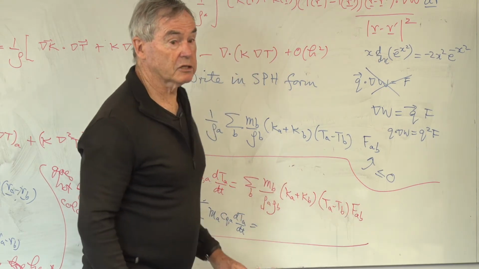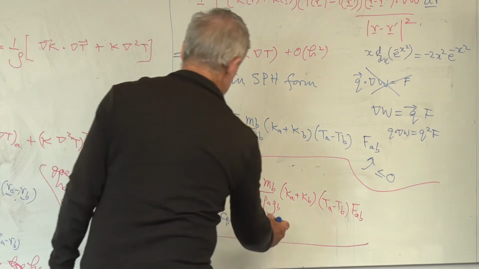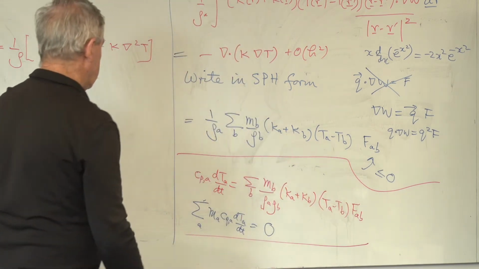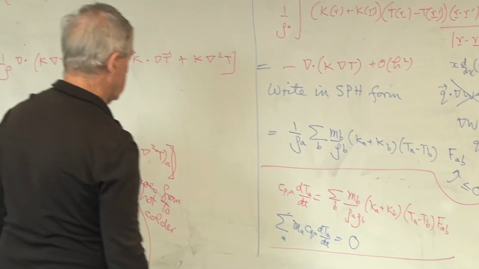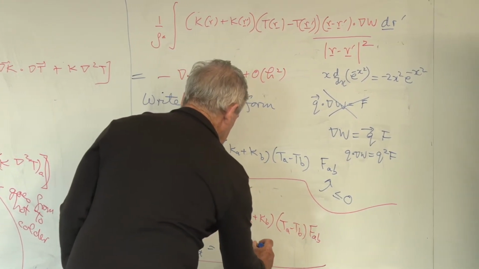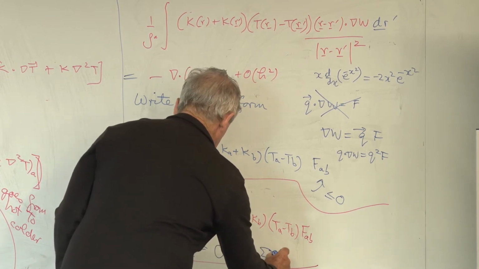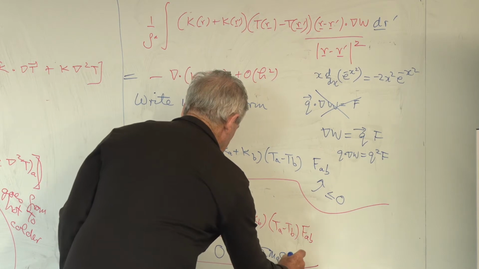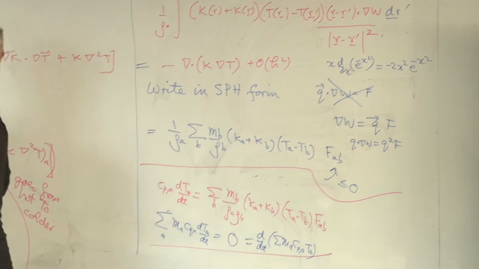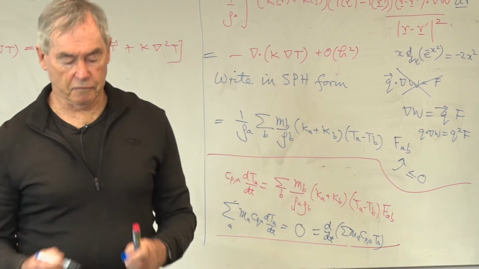So the double summation is 0. When it's anti-symmetric, the double sum is 0. When it's symmetric, the double sum is not 0, which is equal to d dt MACPA TA. And that's equal to naught. So it means that this quantity is constant. It means the thermal energy is conserved.